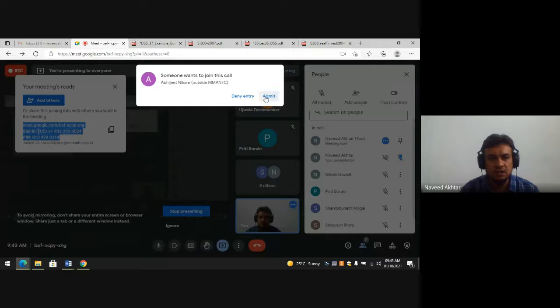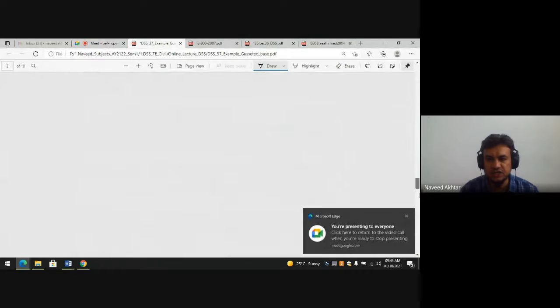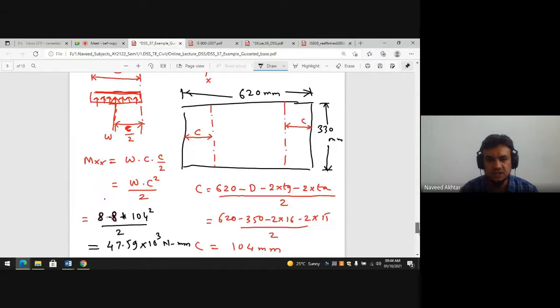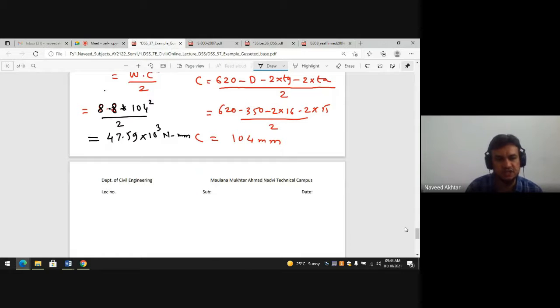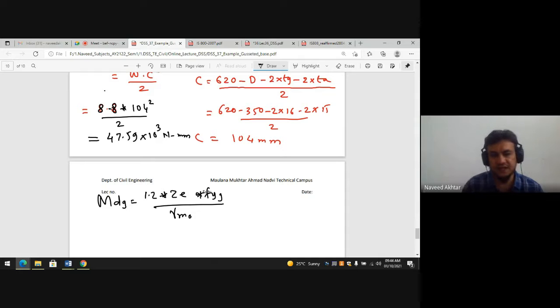So I will write down the moment of resistance Mdg is equal to 1.2 times Ze Fyg divided by gamma M0, and Ze is equal to BT cubed by 12 divided by T by 2. So it is coming BT square by 6.